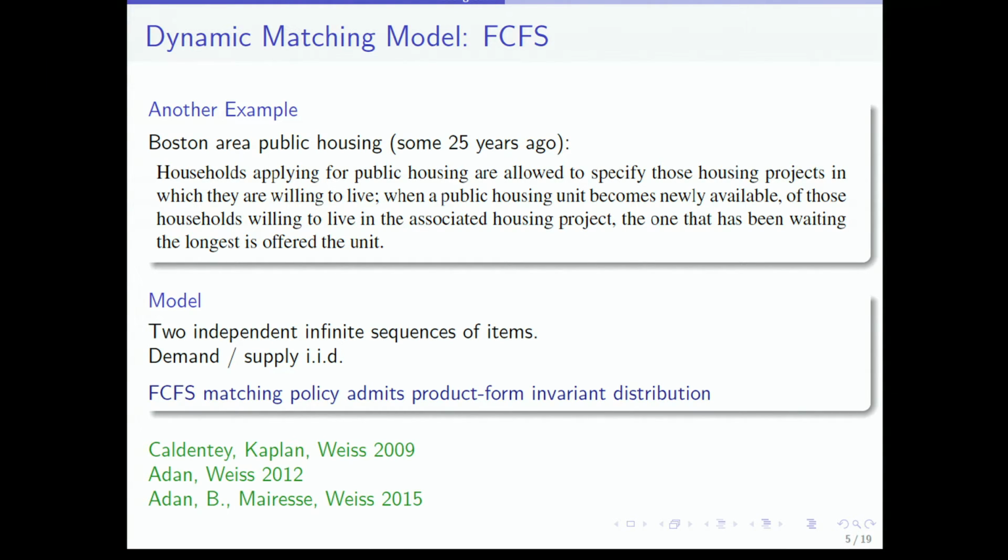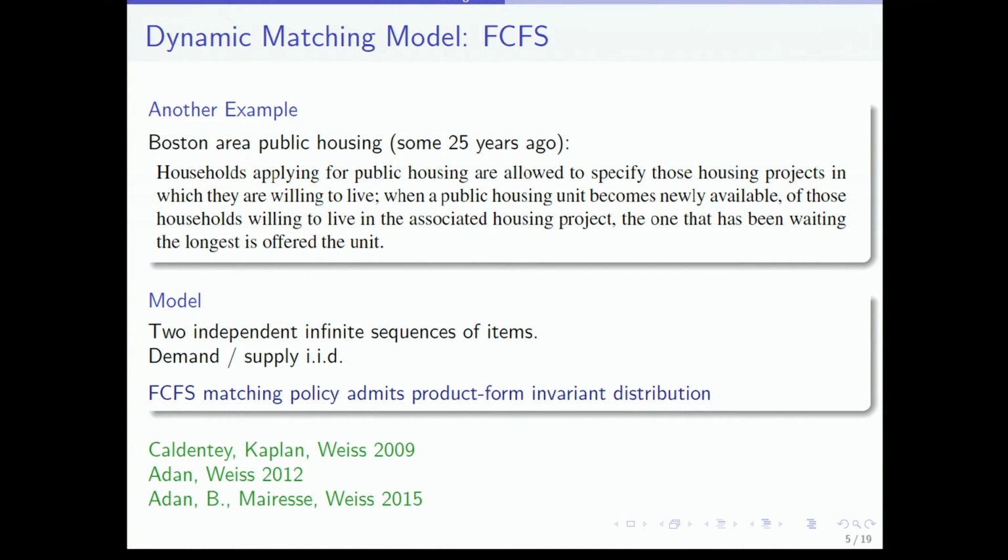And they might not want to move into certain neighborhoods because, I don't know, it's too far away from their work. In any case, we have a bipartite graph that models these compatibilities between types of houses and types of families, and then we have stochastic arrivals of both families and houses, and we need to pair them together.